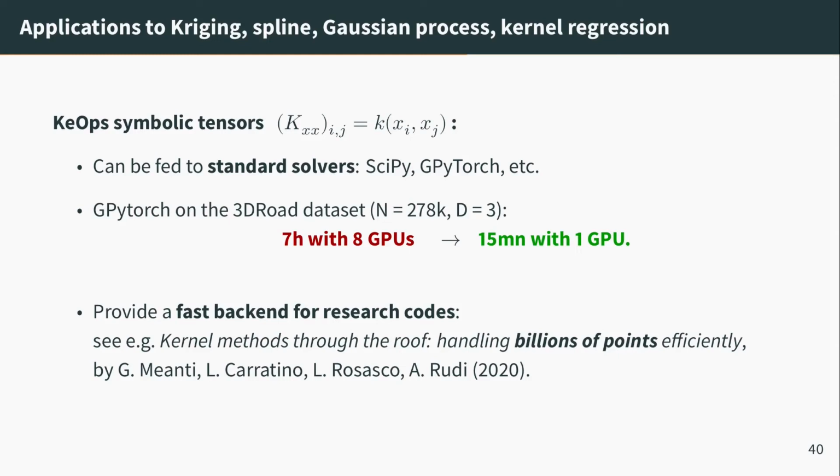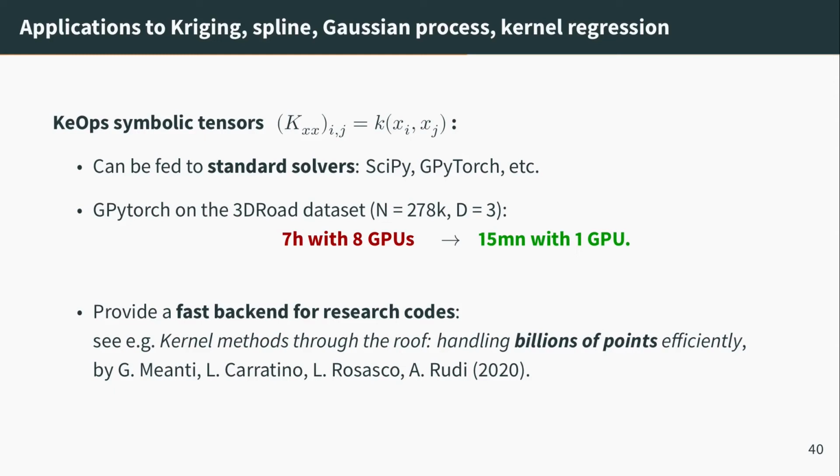So KeOps provides a fast backend for research codes. Between 2017 and 2020, the field of kernel regression went from training models with 1 million points, which in 2017 was considered a performance for a Gaussian process regression, to 1 billion 3 years later.